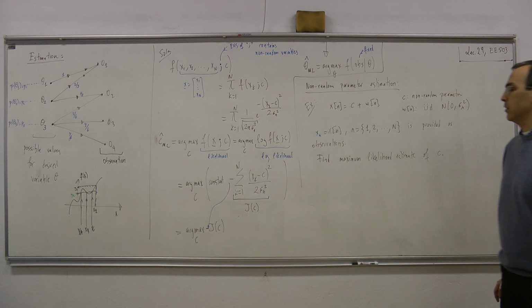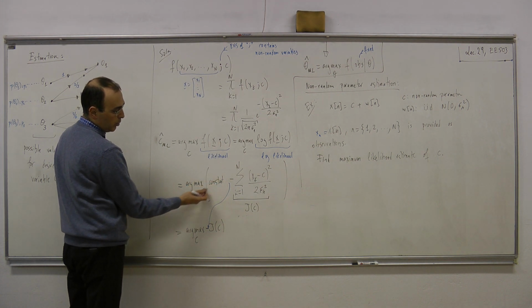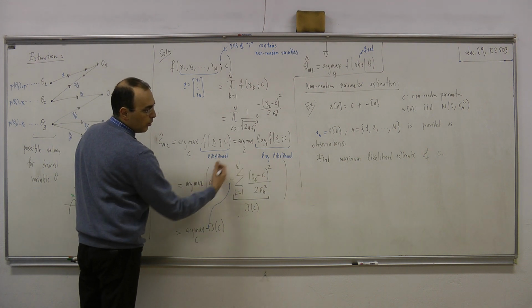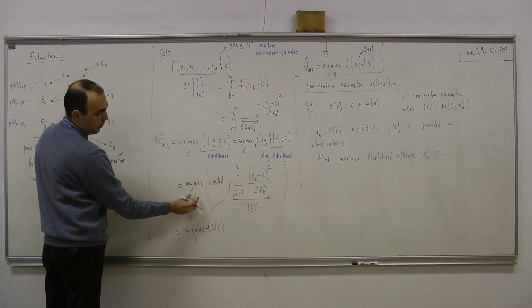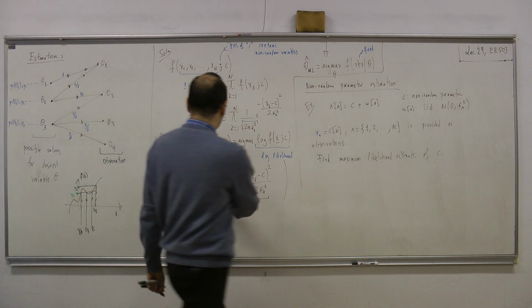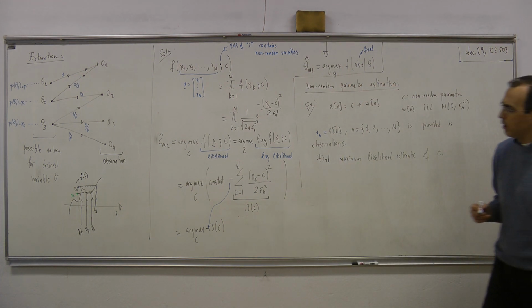This constant does not affect the maximization because it is not a function of C. I'm not interested in the value of this maximum, but in where the maximum happens, that is, the location of the maximum. I'm trying to find the value of C maximizing this function.